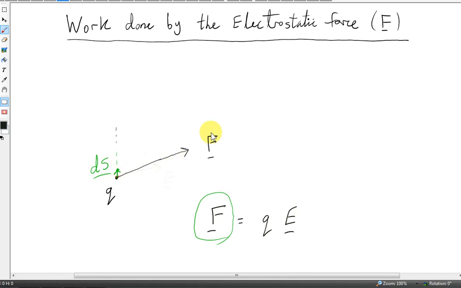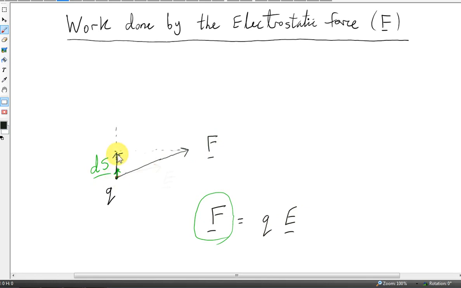To get the work done by the electrostatic force F, and only by this force F, as Q moves from this point to this point, we have to get the component of F along the direction in which Q moves. So we need to project the tip of vector F onto the line containing vector ds. This is the component of the force.